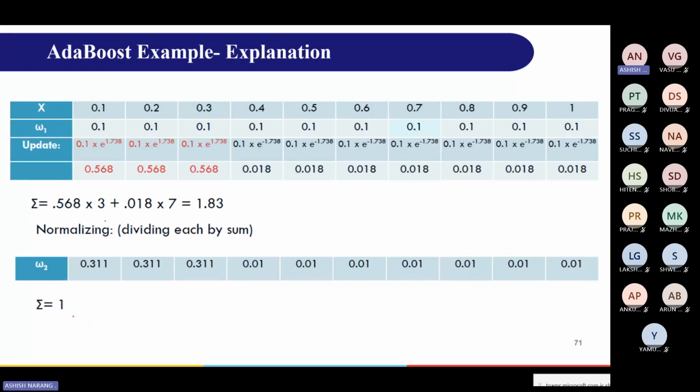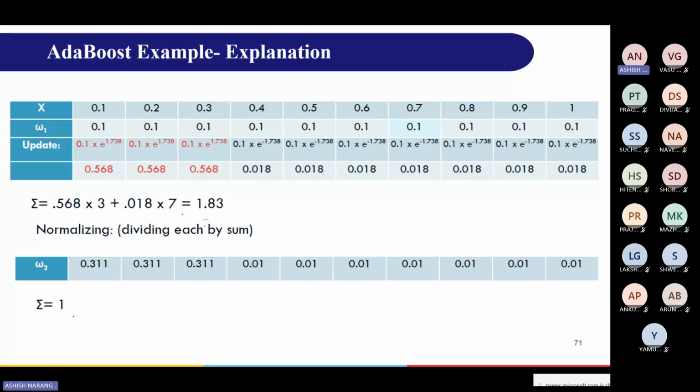Second time you are updating it like this, right? So this is what you are getting, 1.83, right? 0.568 into 3 plus 0.018 into 7. This is what we are doing, right?